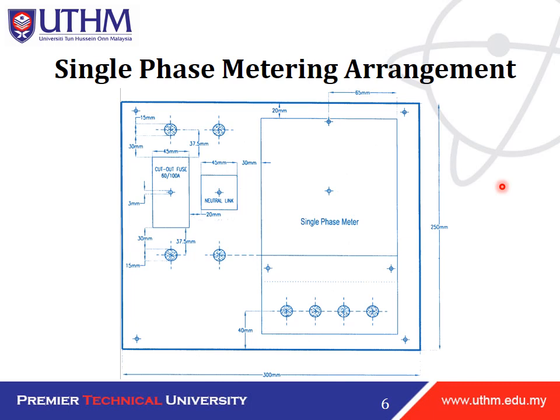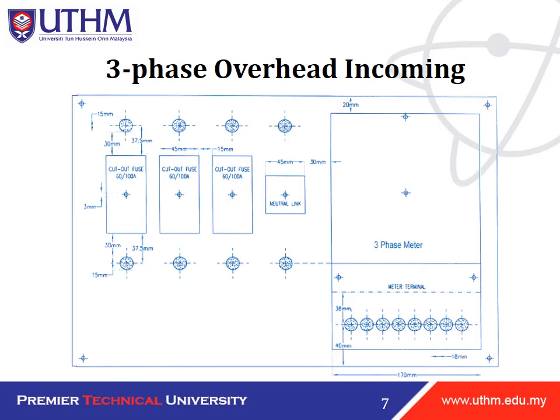Okay, this is the example of single phase metering arrangement in the DB board. The single phase meter here represents the kilowatt hour meter. This is the three phase overhead incoming for three phase meter.